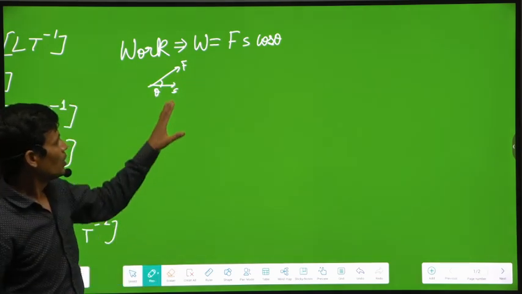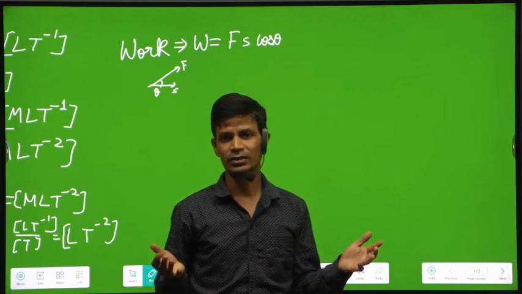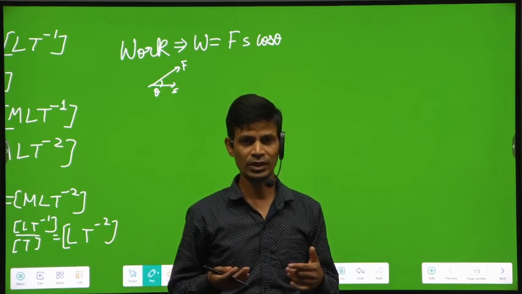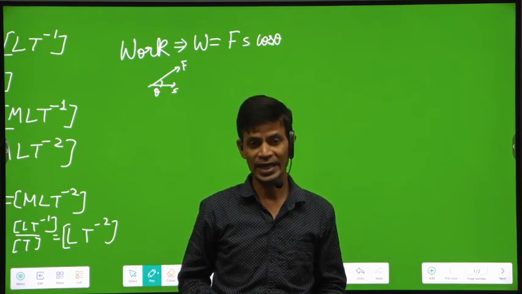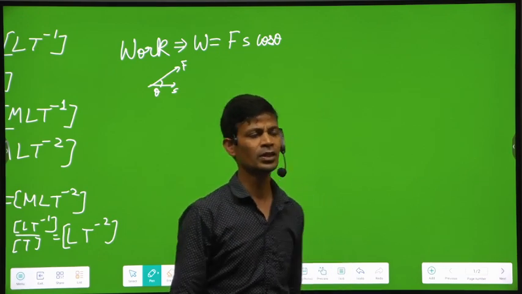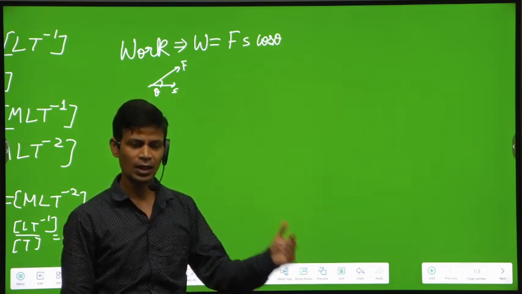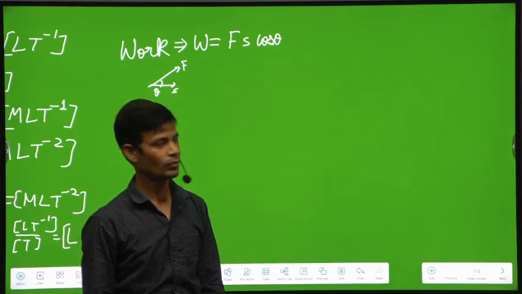Okay, so remember one thing, cos theta is based upon hypotenuse. It is the ratio of two lengths, so it is dimensionless. Remember, all the trigonometric functions are dimensionless.